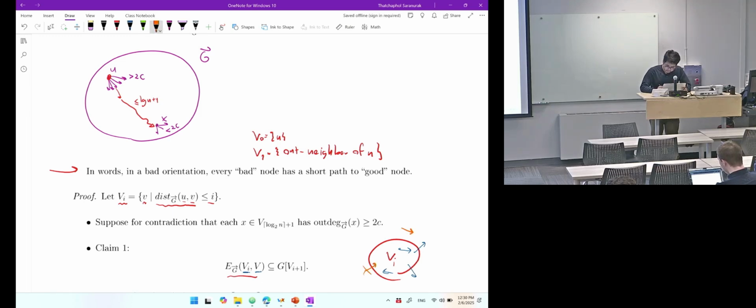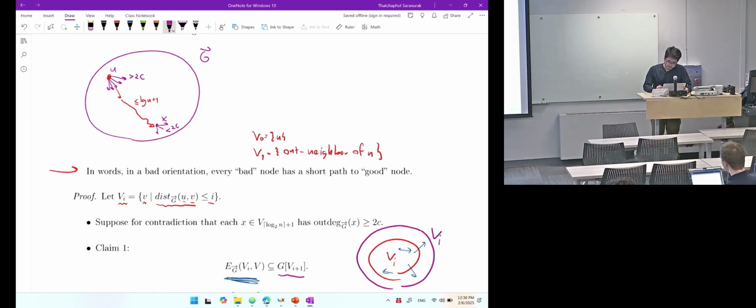Just all edges that start from a node in V_i to some other node. This is a set of these edges here. I claim that all the blue edges here are contained in the graph induced by V_{i+1}. And that's kind of trivial actually.